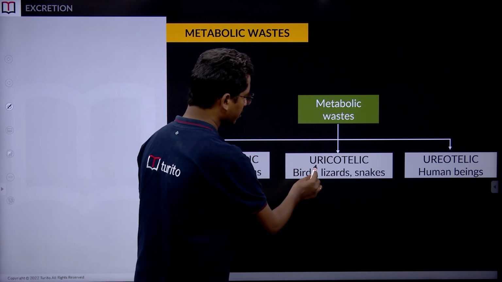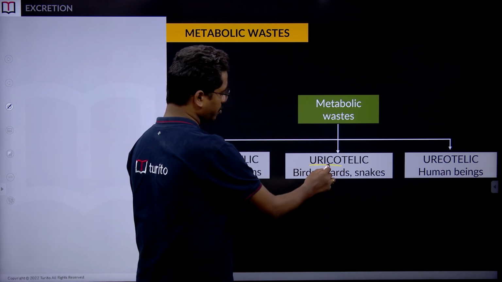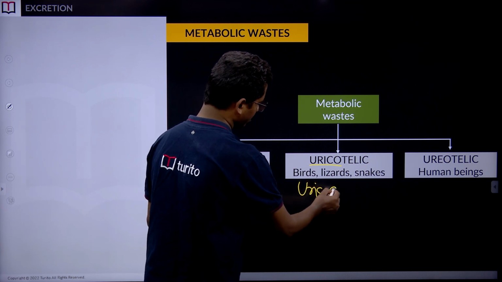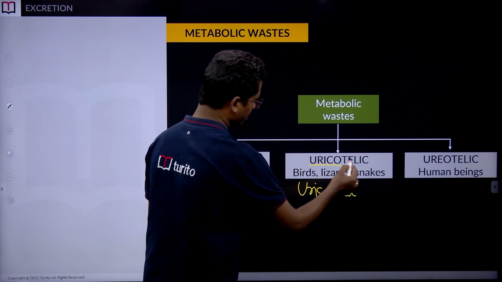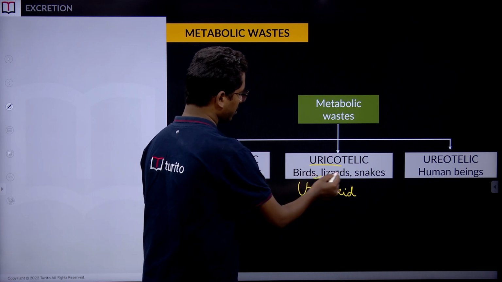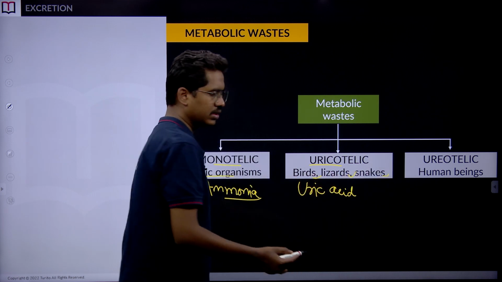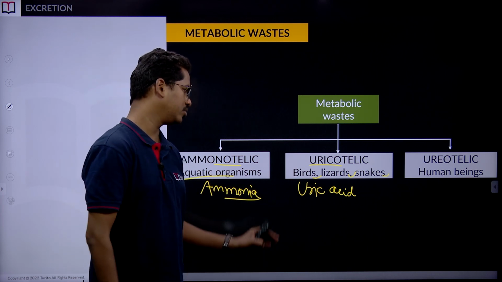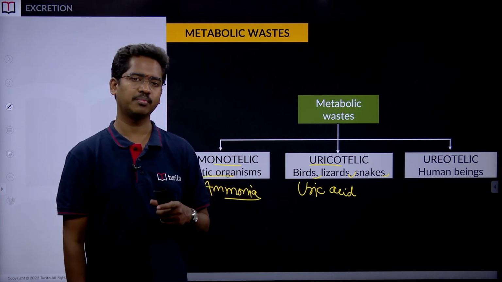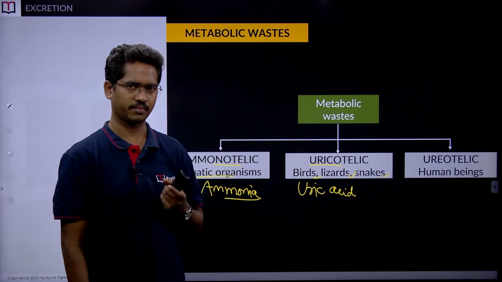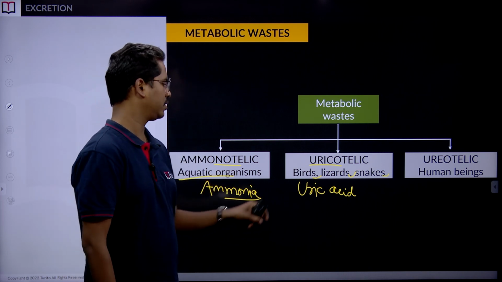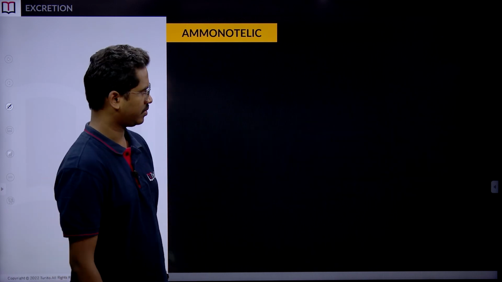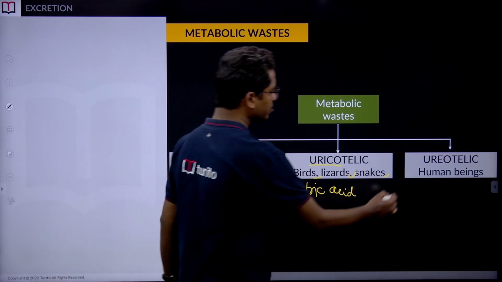When it comes to uricotelic, here the main waste is uric acid present in their excretory system. That is birds, lizards and snakes. These are the prime examples which have uric acid as one of the main components in their waste. So, ammonia, uric acid, both of them contain nitrogen, followed by ureotelic.